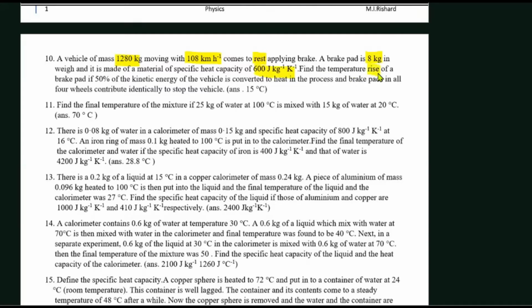You need to find the temperature rise of a brake pad if 50% of the kinetic energy of the vehicle is converted to heat in the process, and brake pads in all four wheels contribute identically to stop the vehicle. Pause the video once and go through the question well, try to understand it, absorb all the data, and then let's go for the discussion.